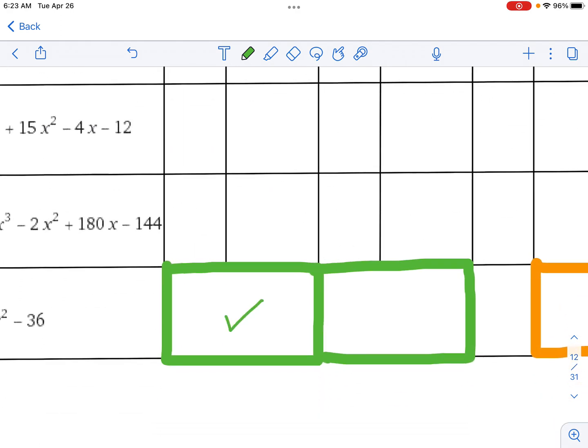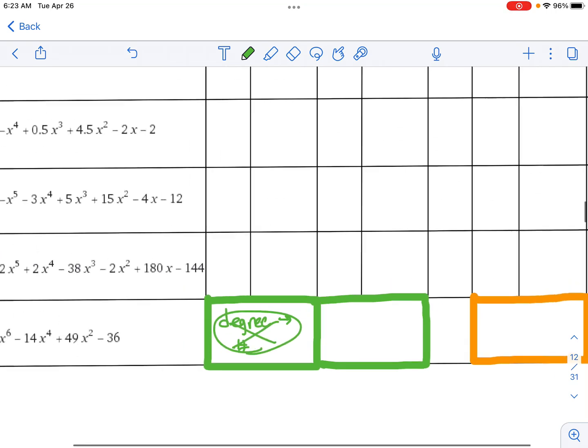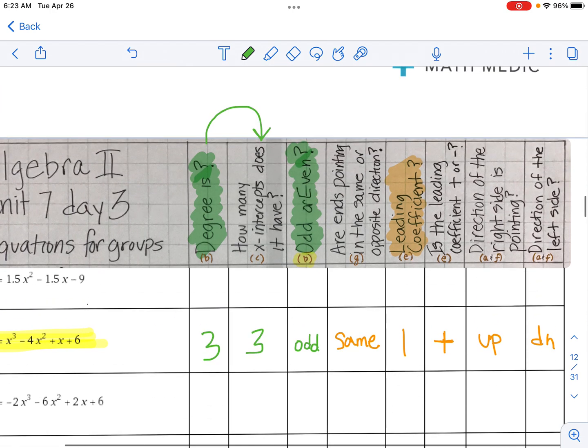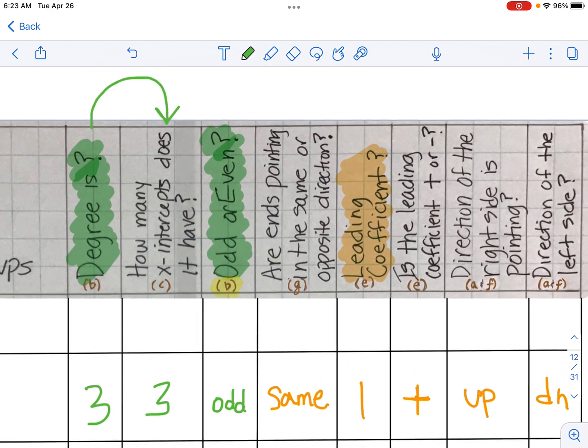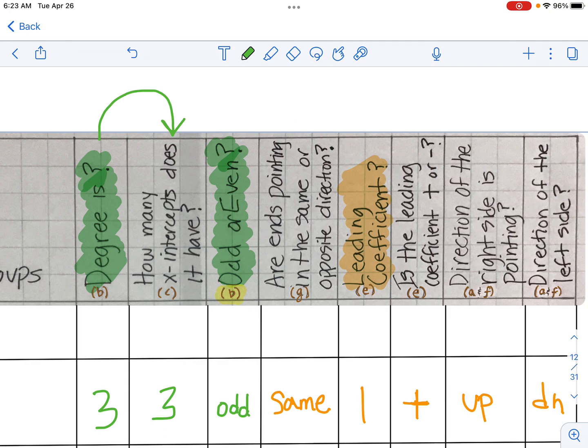So you're going to say something like, relate something to the degree and the number of x-intercepts, right here. And then the other conclusion that I want you to draw is, and we could go back to the degree, but really we need to know if the degree is odd or even and what the ends are doing.